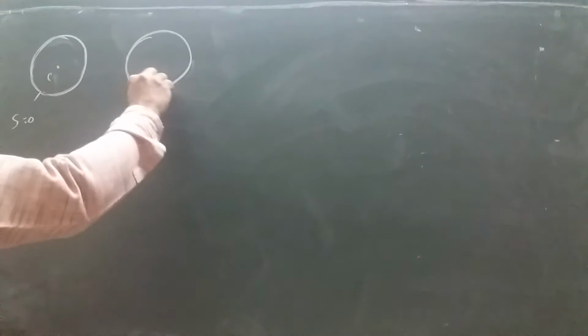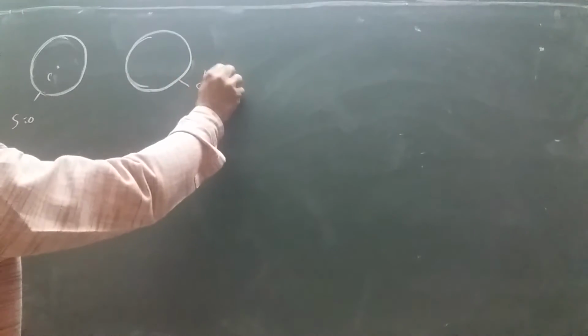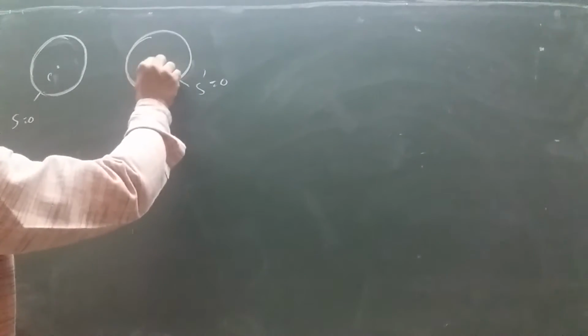Let this be the circle S equals 0 with center C, and this is another circle S dash equals 0 with center C dash.